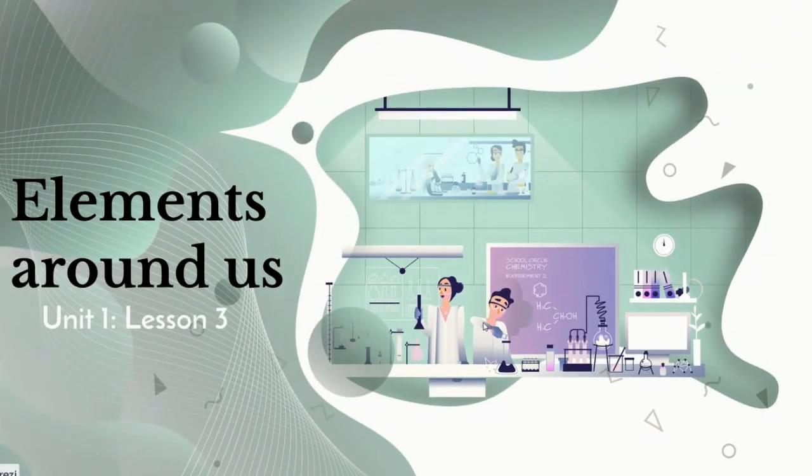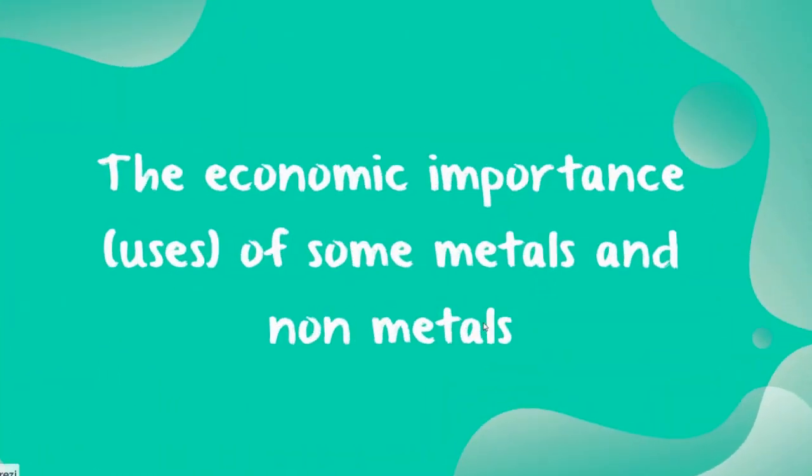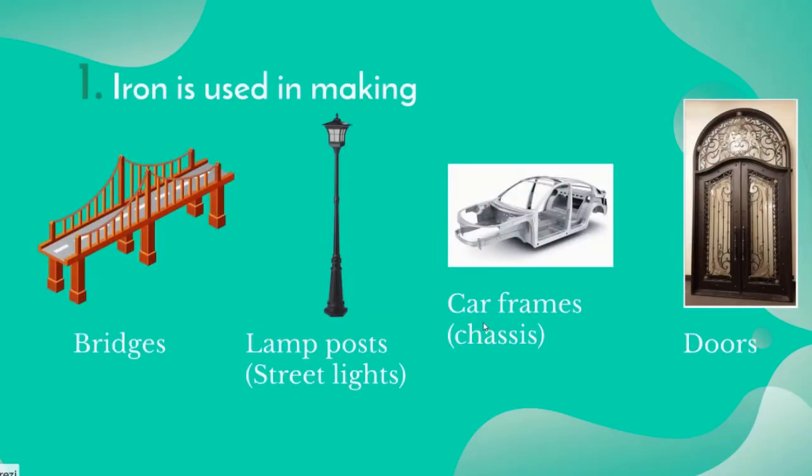So now let's see the economic importance or uses of some metals and nonmetals that we just discussed. This importance is based on the properties that we concluded from metals and nonmetals. We start off with iron.